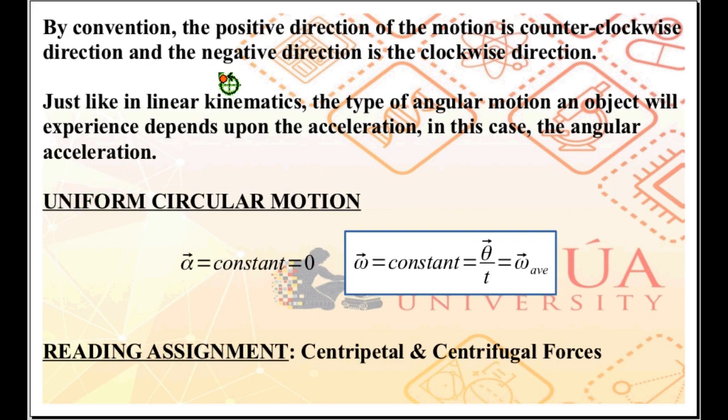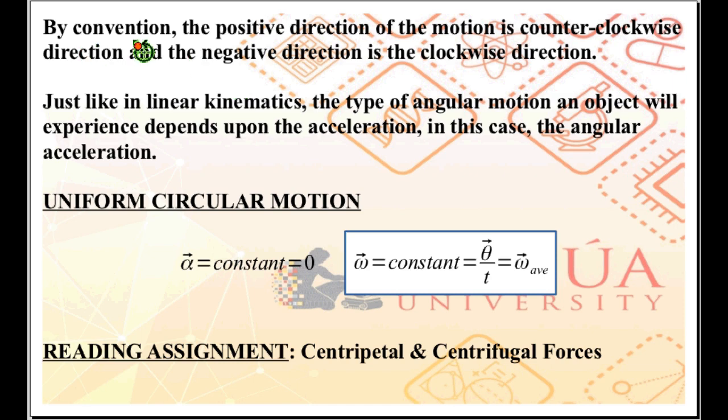Whether you have angular position, angular displacement, angular velocity, or angular acceleration, the plus-minus sign refers to the direction of the vector. Plus for positive direction, minus for the negative direction.